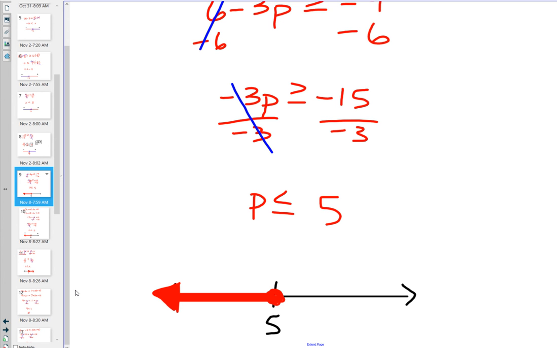Why is that so big? But what? You flip it when you change it to a positive.